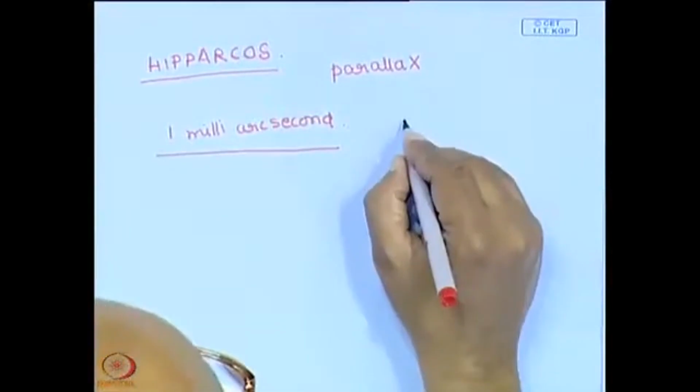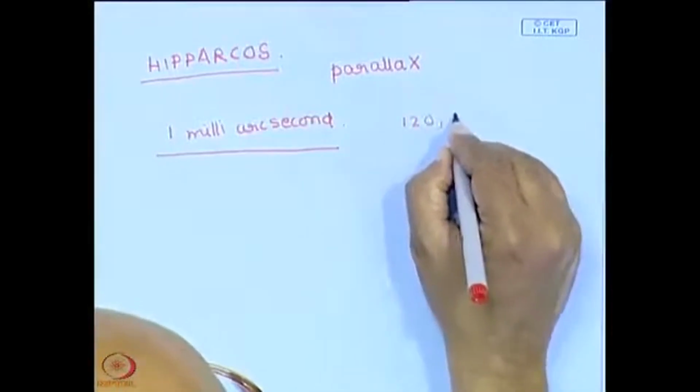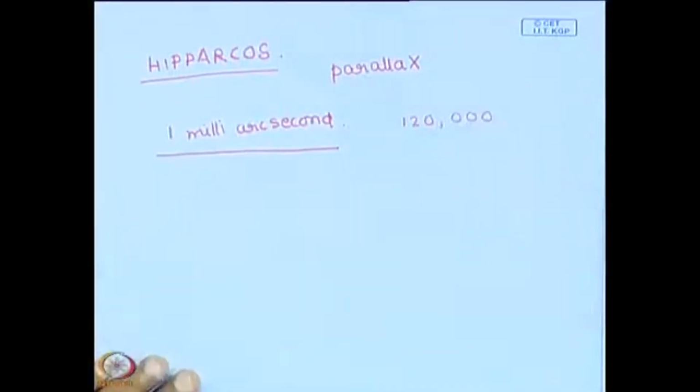It has measured parallax distances to around 100,000 stars in the solar neighborhood.